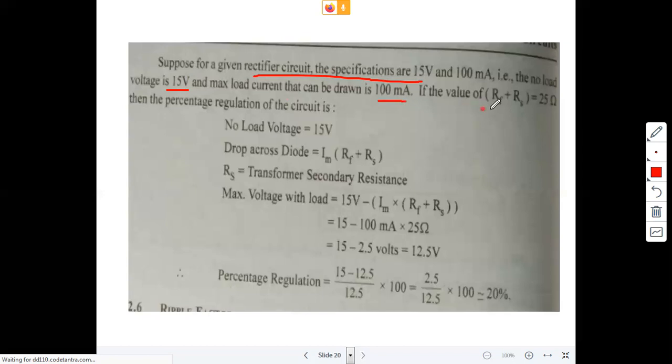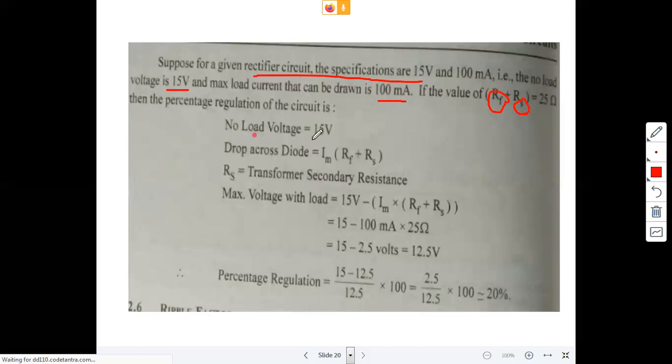The given value of RF plus RS, where RS is the secondary winding transformer resistance and RF is the diode forward resistance, totals 25 volts drop.